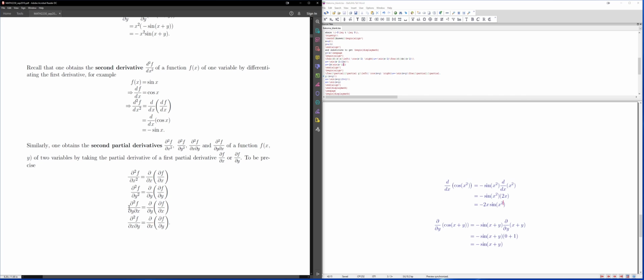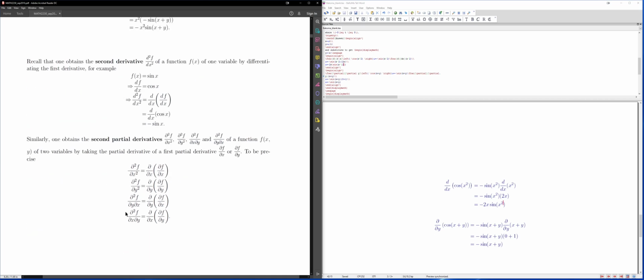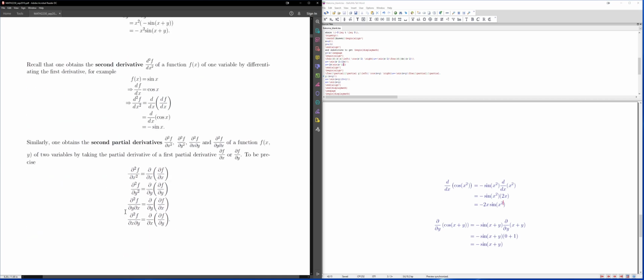Now it turns out for the cases that we will look at in this class, where we're looking at mainly continuous functions, or functions with continuous partial derivatives, these are going to be equal.